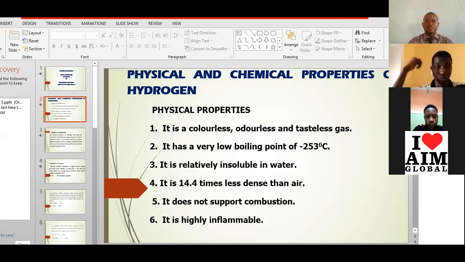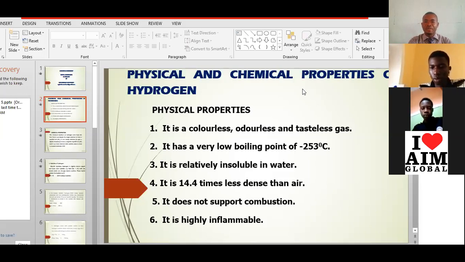In our last class, we discussed the sources of hydrogen. Then we talked about the isotopes of hydrogen. We said that hydrogen has 3 isotopes: the ordinary hydrogen, protium, and the other isotopes, deuterium and tritium.